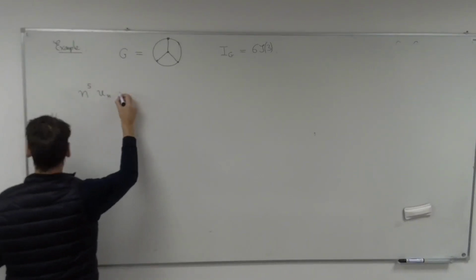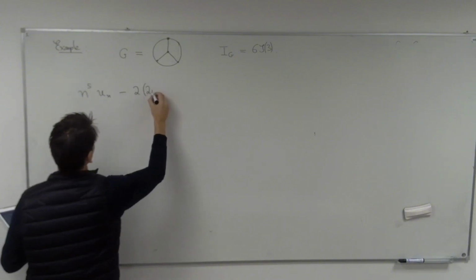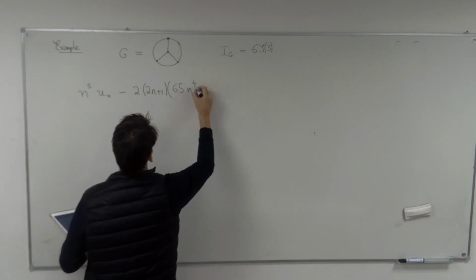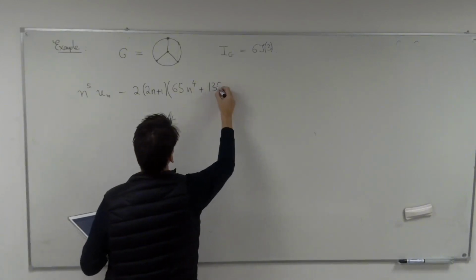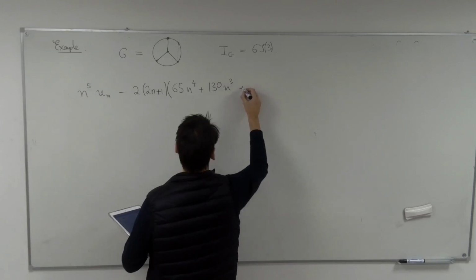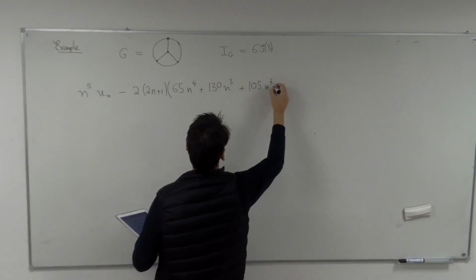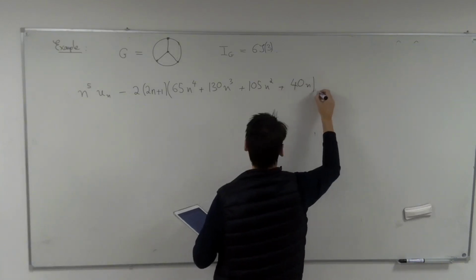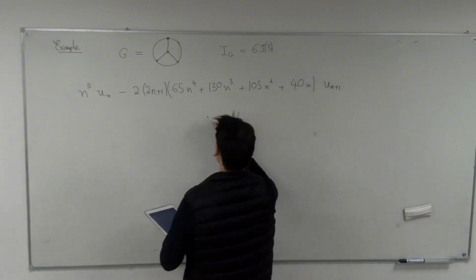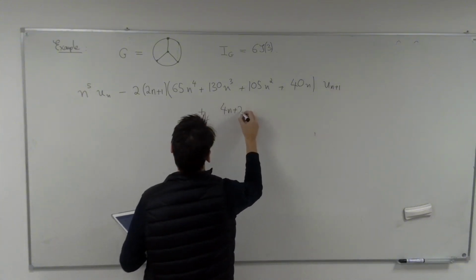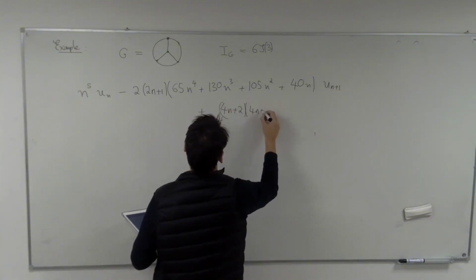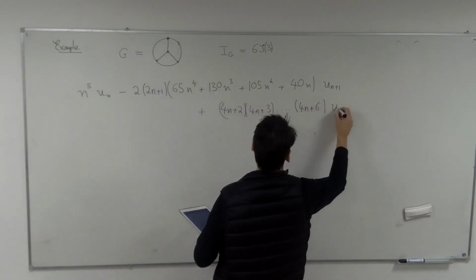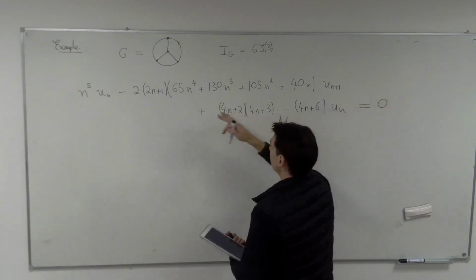You might not want to write this down, but just to make things very concrete: 2 times 2n plus 1... So it's a recurrence of order 3.